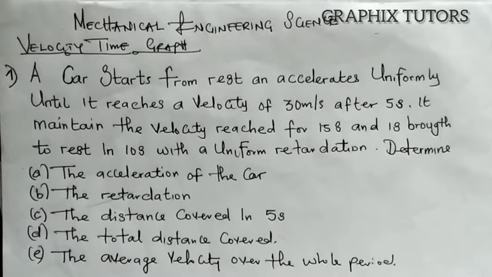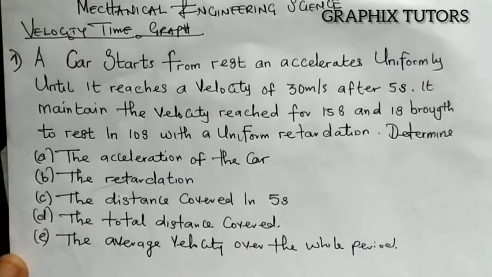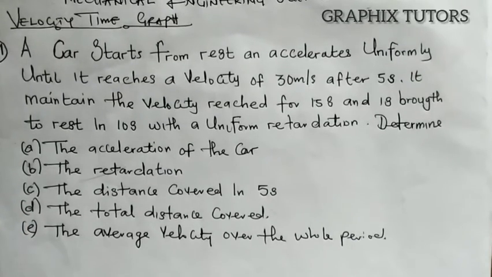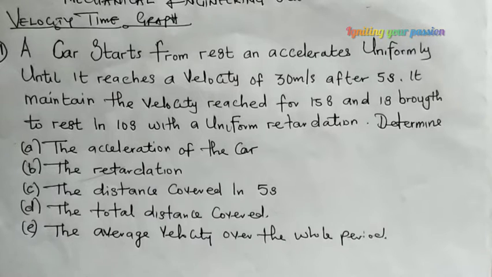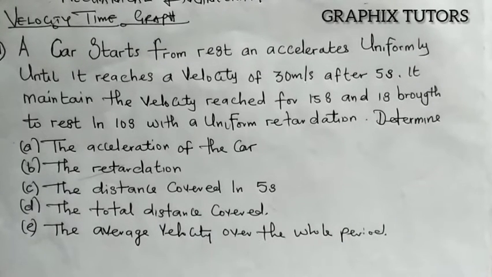Now, if you watch my previous video, you get to understand what we are talking about when you talk about motion. But for now, let's see how we are going to analyze this. When you say a car starts from rest and you are representing your information on a velocity time graph, you know you are plotting a graph of velocity against time, right?